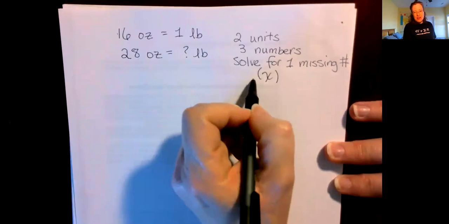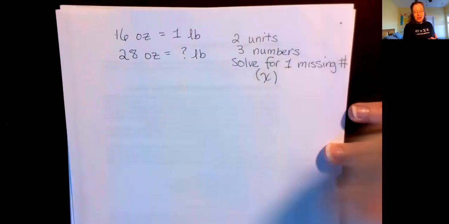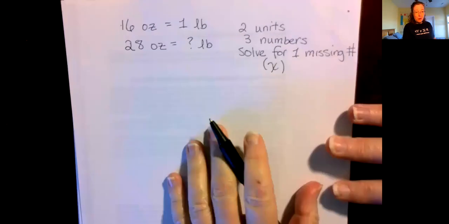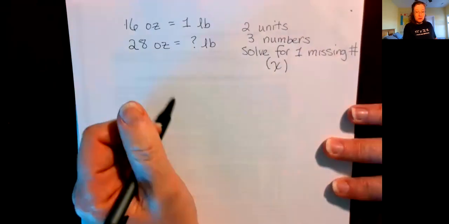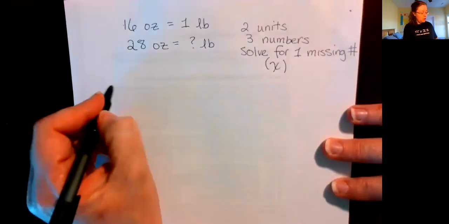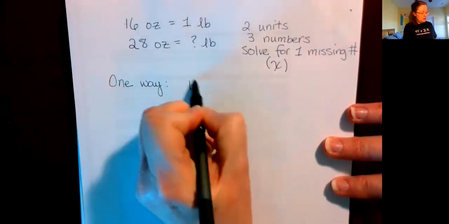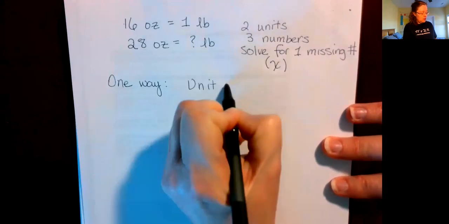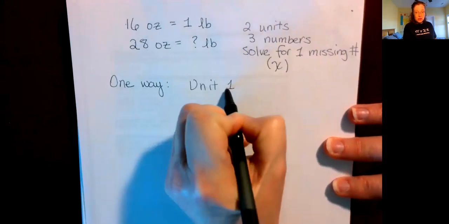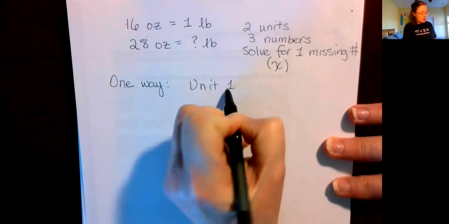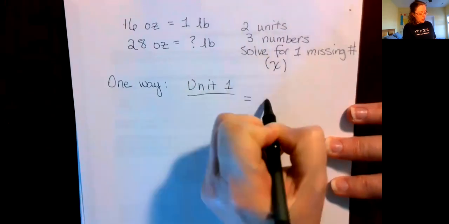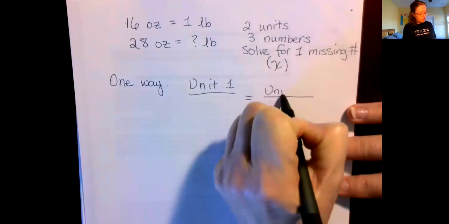Then we can set up the proportions. There are multiple ways of setting up the proportions; you can pick one way of doing them. The way I typically choose to do it, I pick one of the units, because remember, there are 2 of them, and I put it on top on both sides.